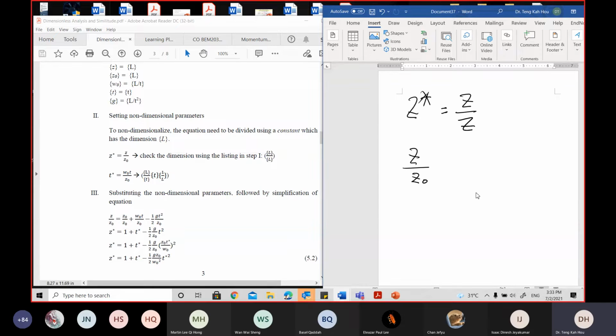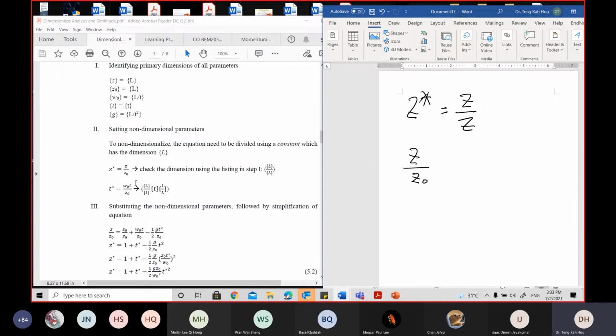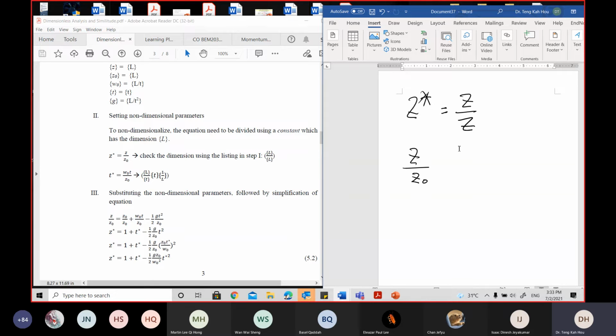You can use z naught or whatever, because z naught has the same dimensions, so it's up to you. The idea is to eliminate as much information as you can from these equations.